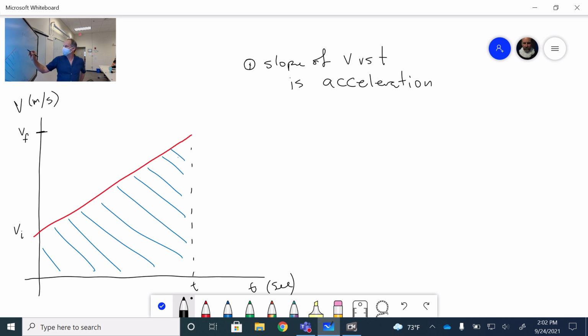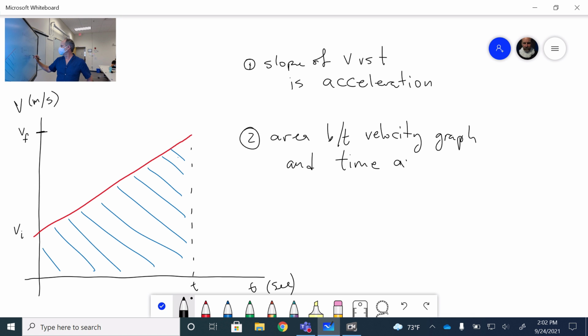Slope of v versus t is acceleration. Two, area between the velocity graph and the time axis. And I'm just going to pause before I finish that.